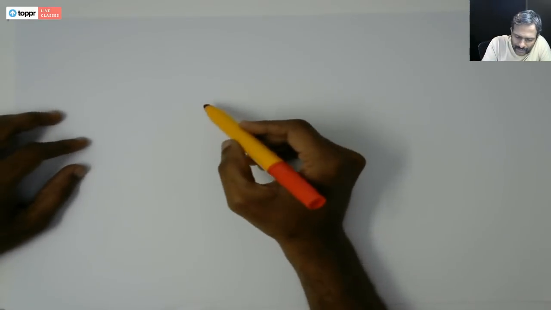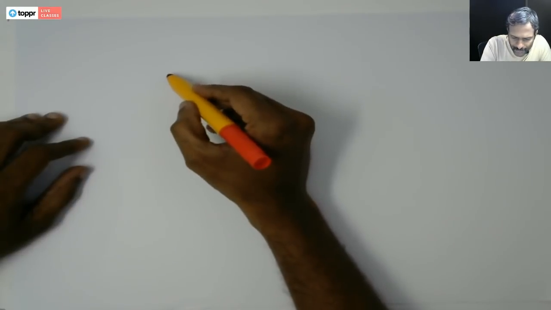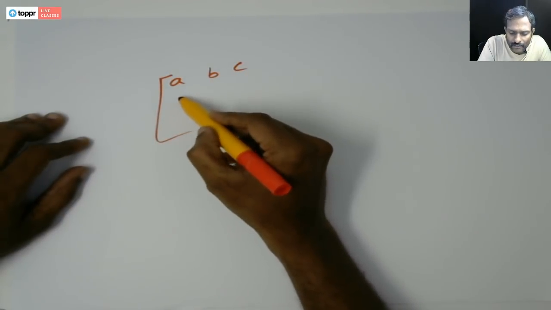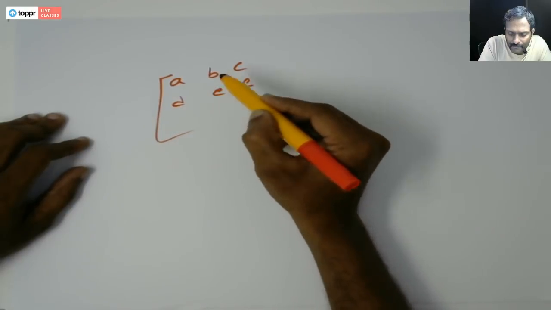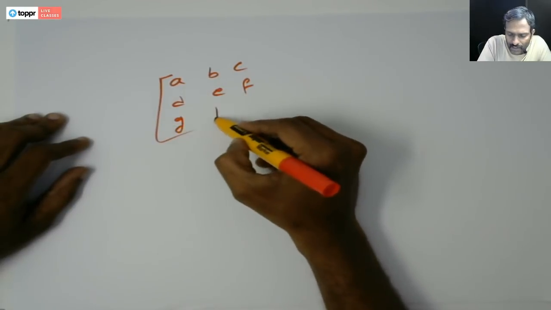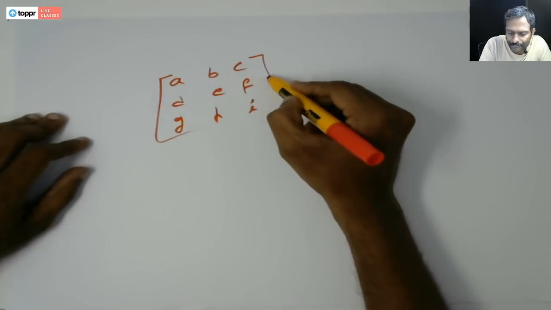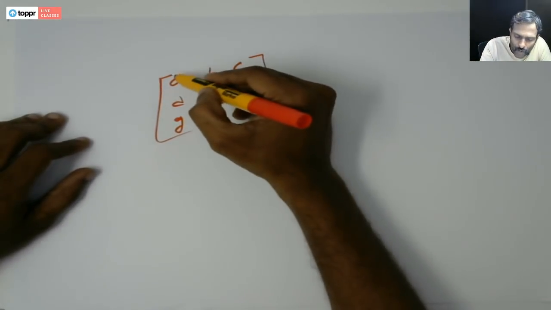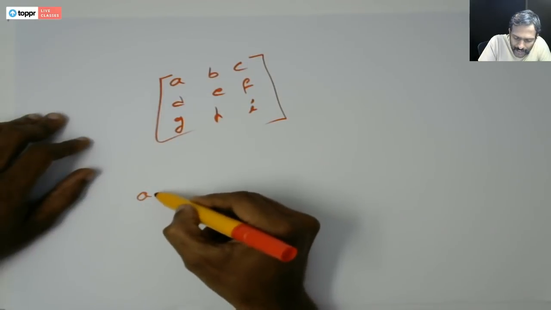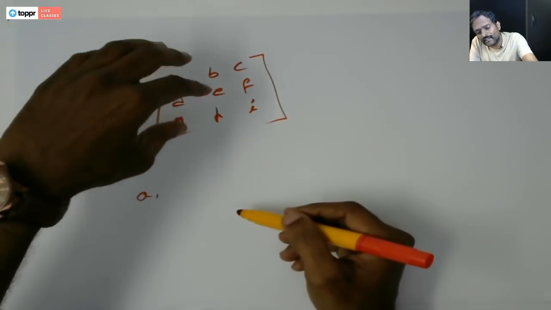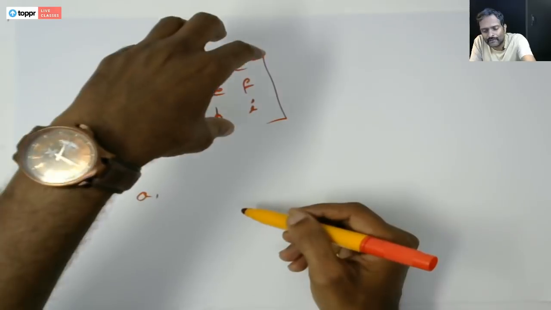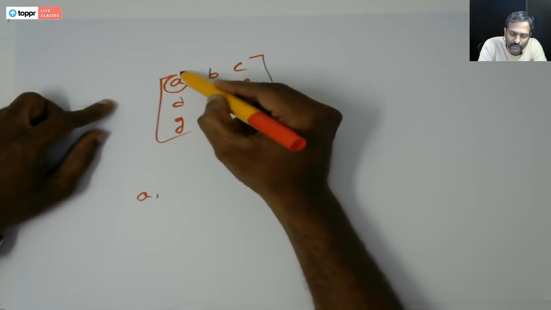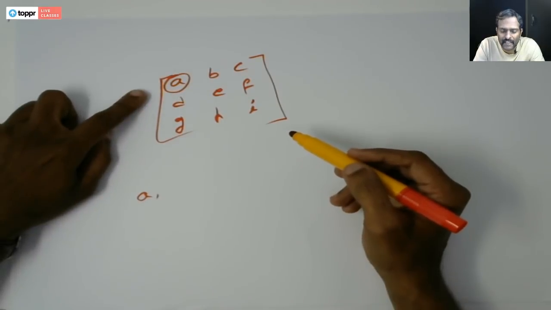So now let us consider a matrix, say A, B, C, D, E, F and G, H and I. Now, the data parts which we put into this matrix are called the elements. See, the circled one, A, is the first element.